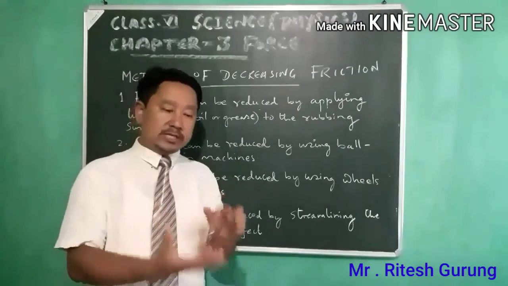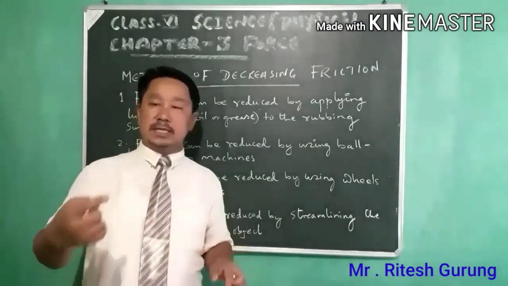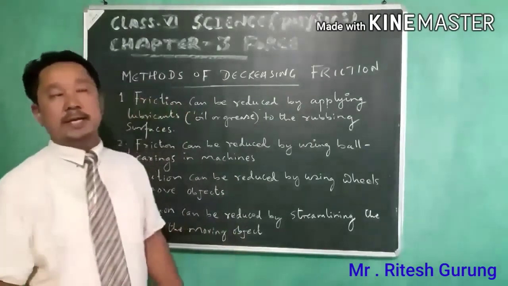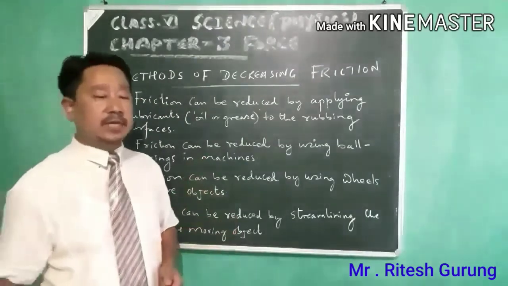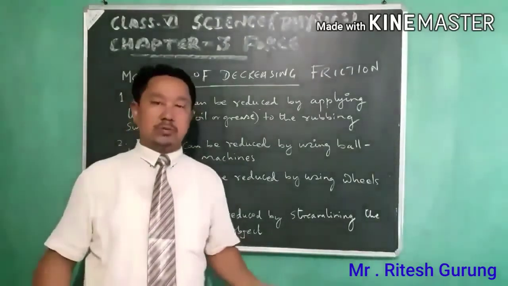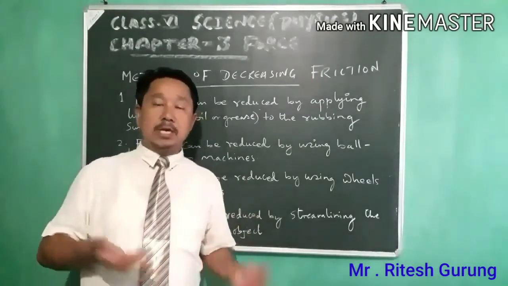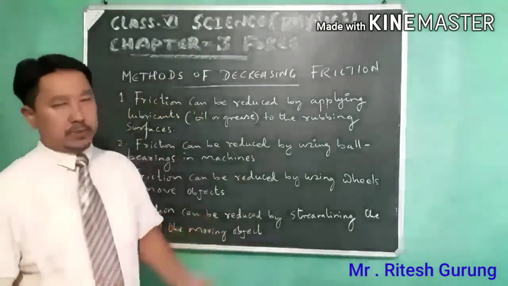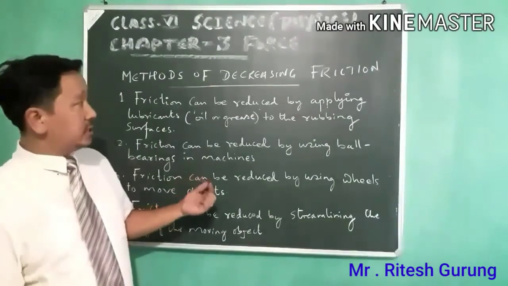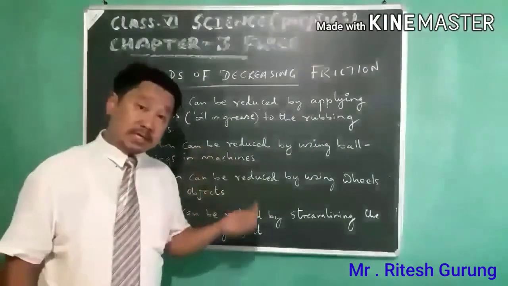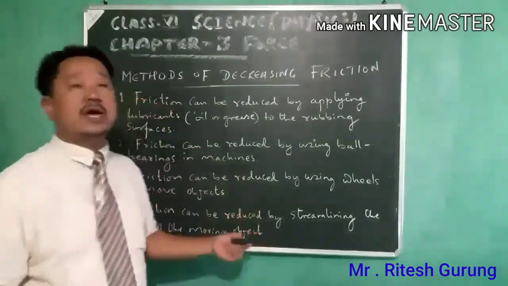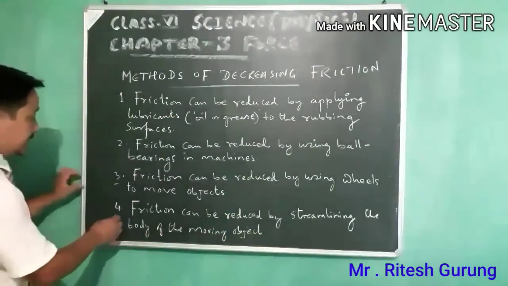When the wheels are used, obviously it can easily and smoothly rotate and friction is reduced, and it can be easily pulled or pushed without heavy force being applied. So this way we can decrease the friction so that we can make our work easy.